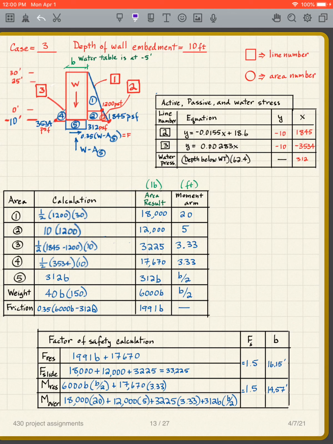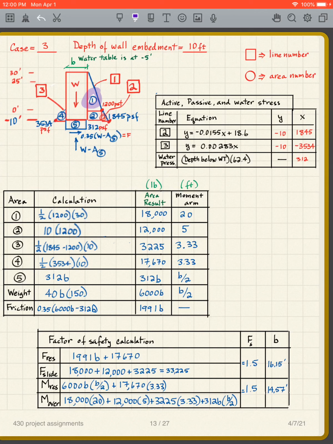So now I have everything: that's 0, that's 1200, that's 1845. That's 0, that's 3534, there's 312. So I have enough information now to calculate all of the areas, 1, 2, 3, 4, and 5.